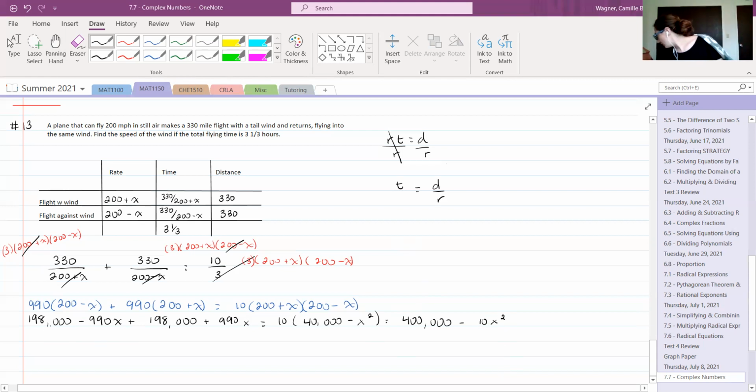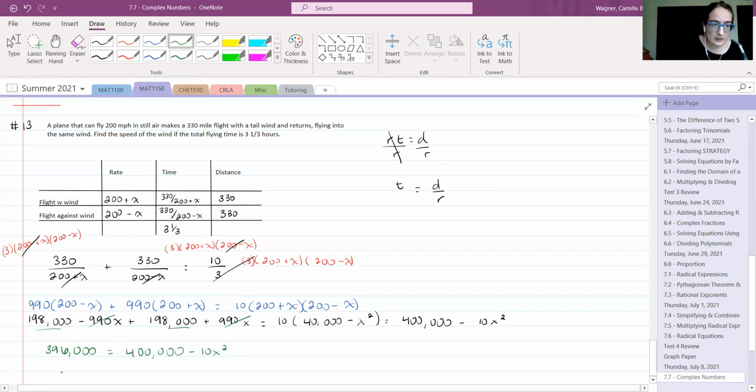Let me just double check what our answer should be. Well, no, I'll just keep going. Why not? Okay. Because those go bye-bye. So 198,000 times 2 because I'm going to add those together. So I'm going to have 396,000 equal to 400,000 minus 10x squared.